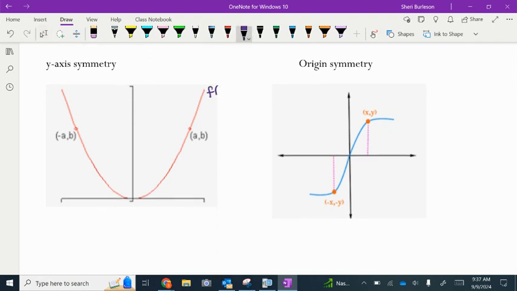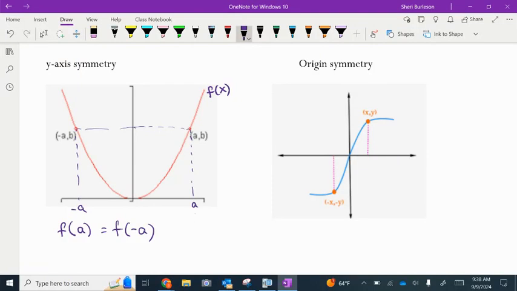if this function is f of x, do we see that f of a, that's this b value, is equal to f of the opposite of a?